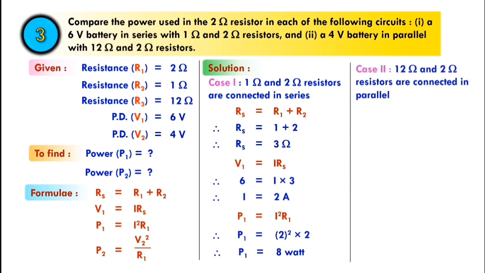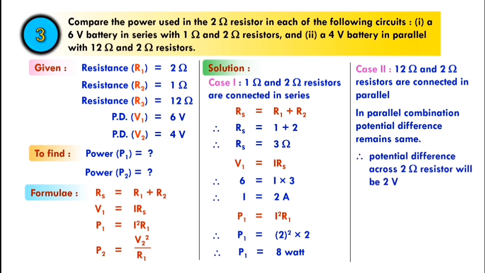Okay, now see here case 2, where resistors 12 ohm and 2 ohm are connected in parallel. So in case 2, the 12 ohm and 2 ohm resistors are in parallel connection, right? We know that in a parallel connection the potential difference is the same. Therefore potential difference across the 2 ohm resistor will be the same as across the 12 ohm resistor. I hope everybody understood this point.